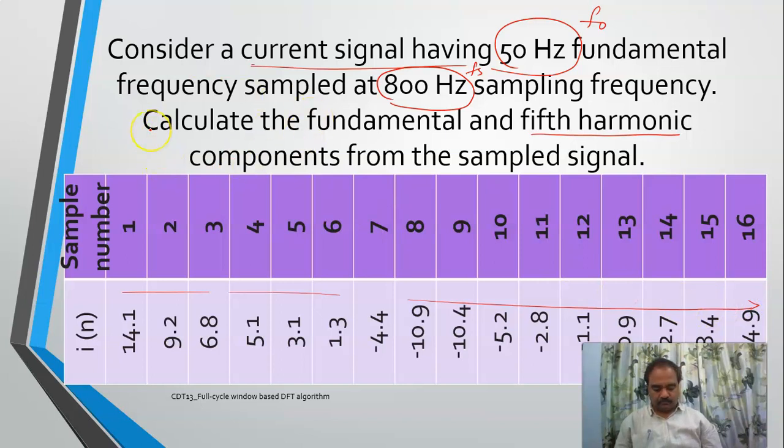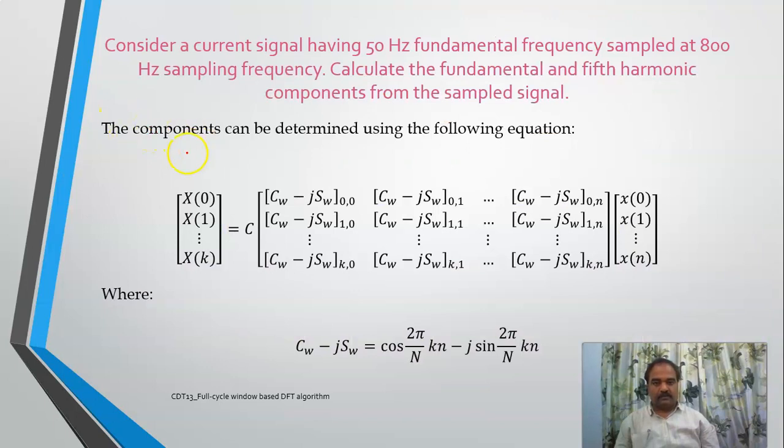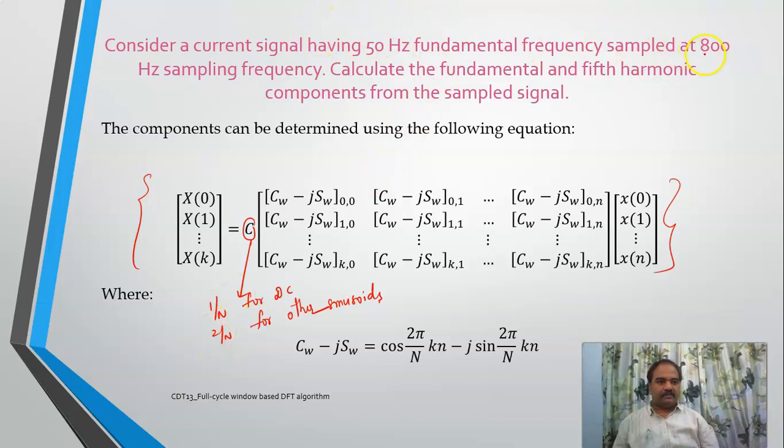Now, we know that this is the formula which we have developed for determining the fundamental component and also any other harmonic component, where this value C is equal to 1 by N for DC component, and for all other sinusoidal components I'll take 2 by N. In this case, this is Fs and this is F0.